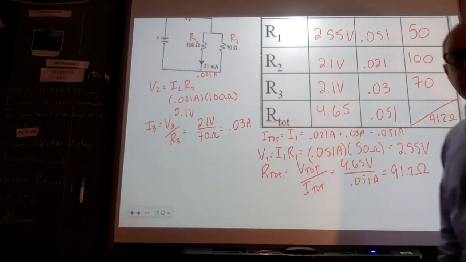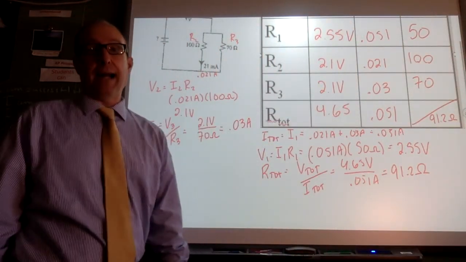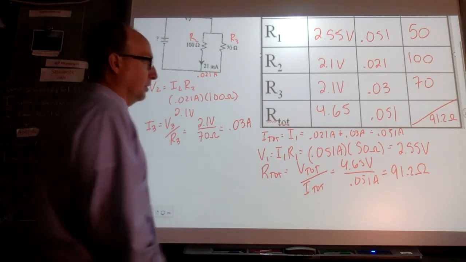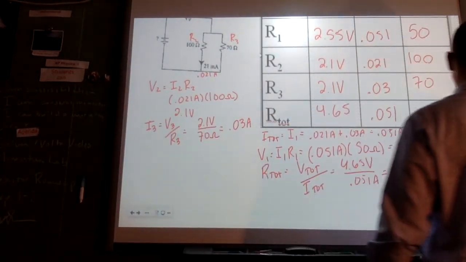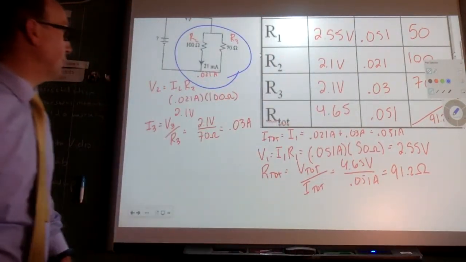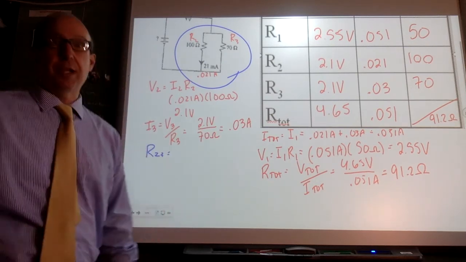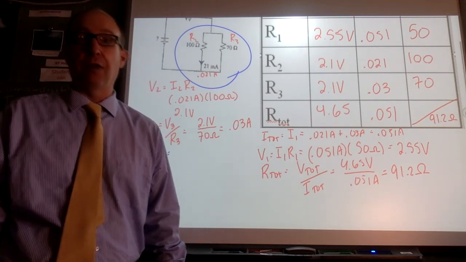All right, let's do it the other way. So first, I need to combine the resistors that are in parallel. I'm going to switch colors. And my resistors in parallel would be the combination of those two. I would call that R23. That would be the one resistor that could take the place of both R2 and R3.